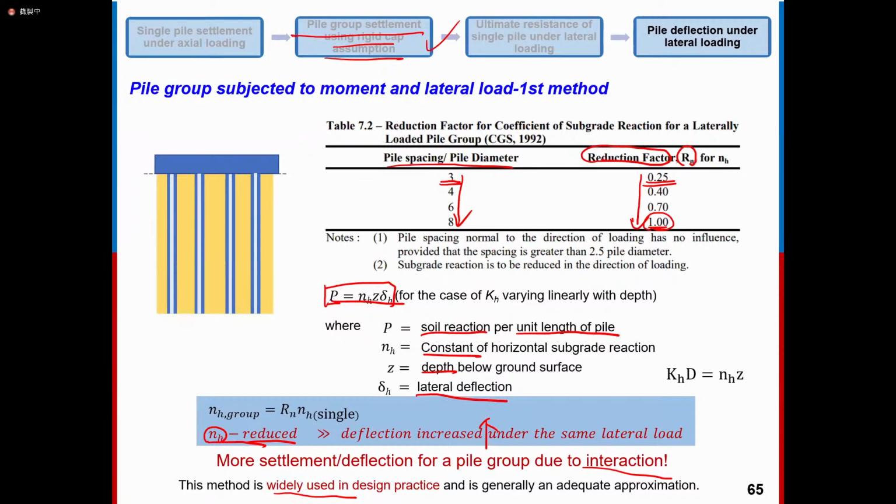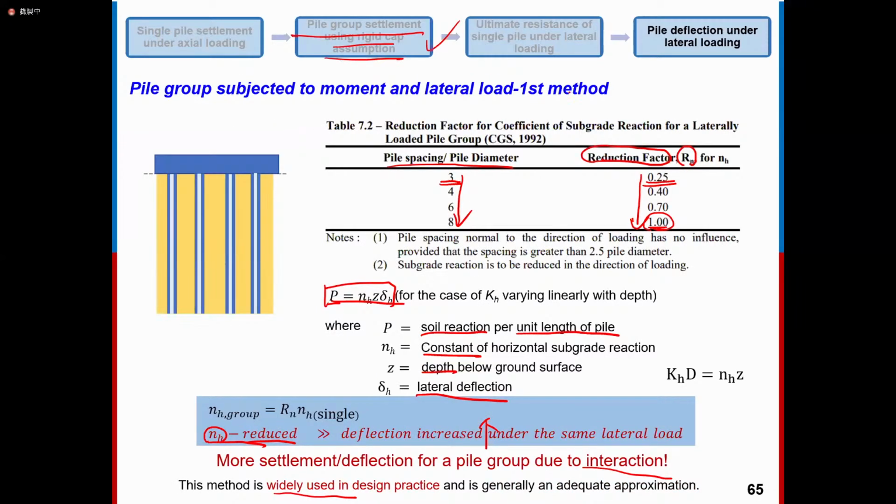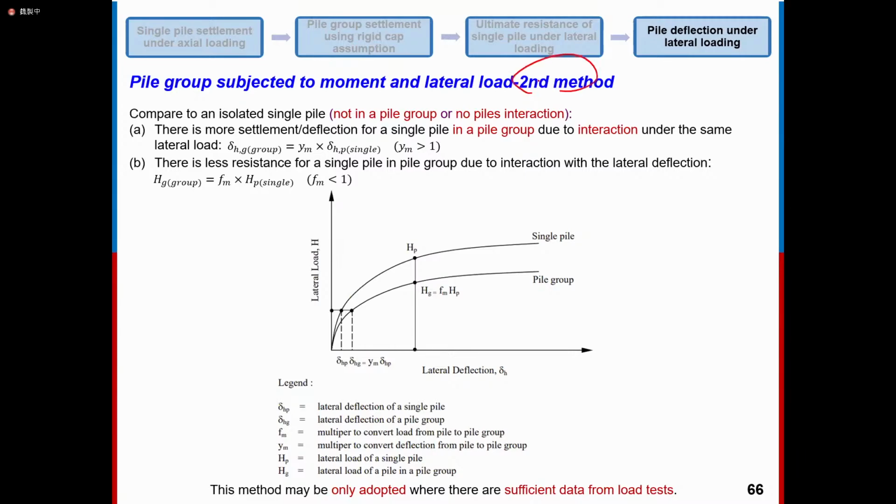In another way, we have a second method. The first one is just using this table, and the second method is another figure method or design chart method. But determining these two curves is quite time consuming and quite expensive. These two curves represent the lateral deflection against the lateral loading.